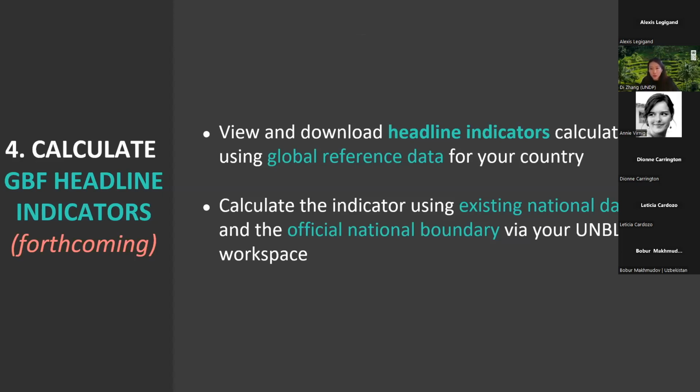And this feature will largely enable countries to view and download the headline indicators calculated for your country using the global reference data. And through the UNBL workspace, you can also calculate these indicators with your national data and the official national boundaries. So this feature could serve as a component of a national monitoring system for the global biodiversity framework.